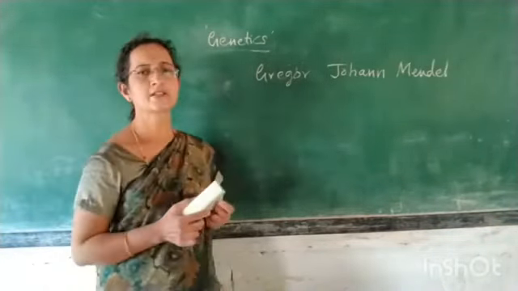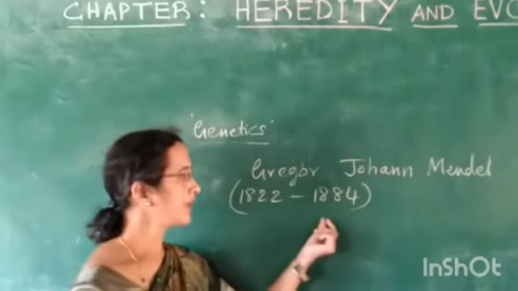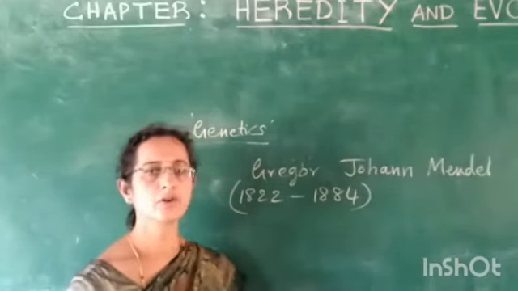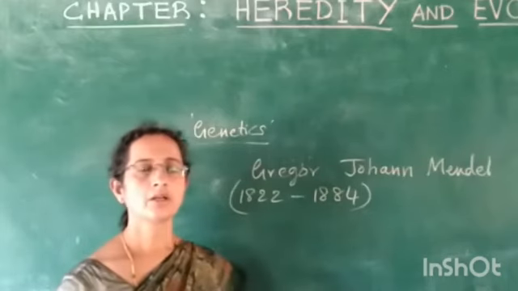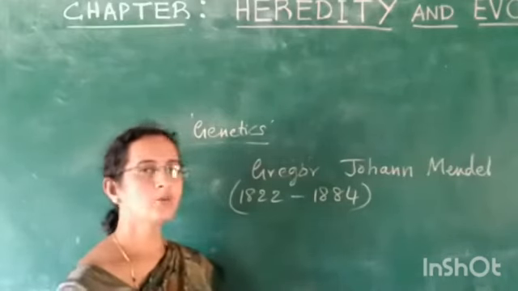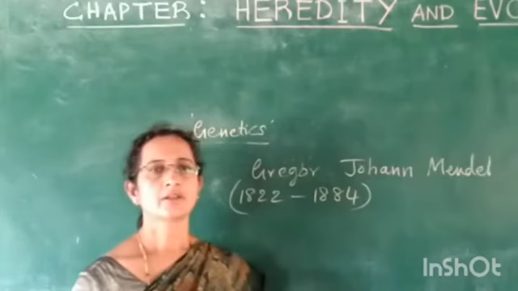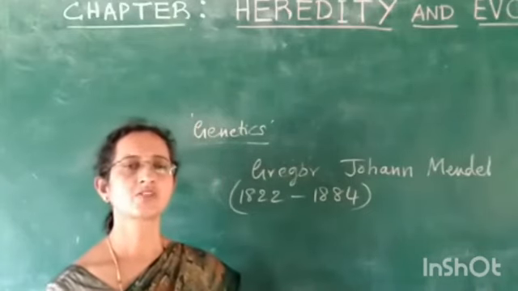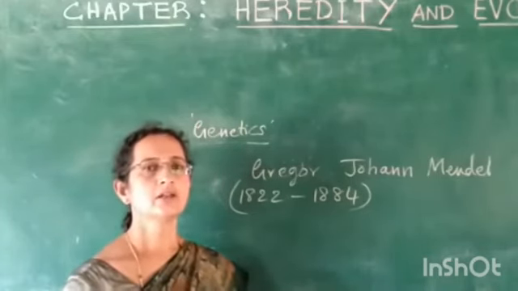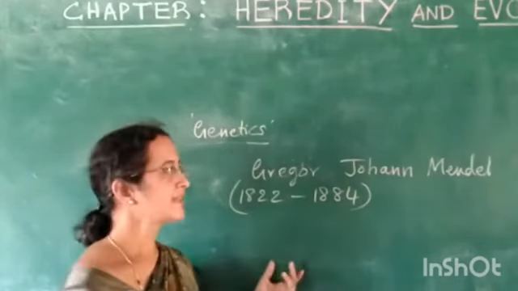Gregor Johann Mendel, born in the year 1822 and died in the year 1884, was a boy who got his education in a monastery. After the successful basic education, the monastery sent him to the university to have further study.